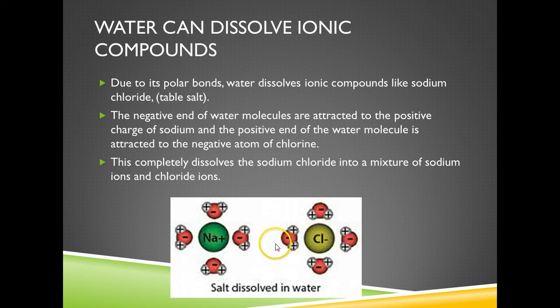And when this happens, it will tear the sodium and the chlorine apart from each other and break that ionic bond. And when this happens, it will completely dissolve the sodium chloride into a mixture of sodium ions and chloride ions.